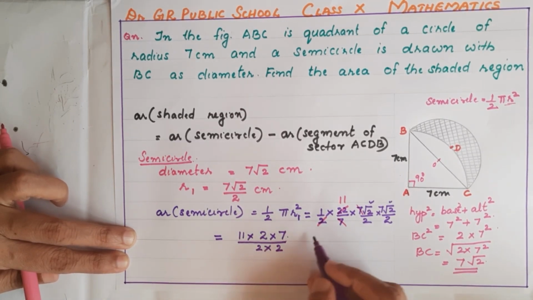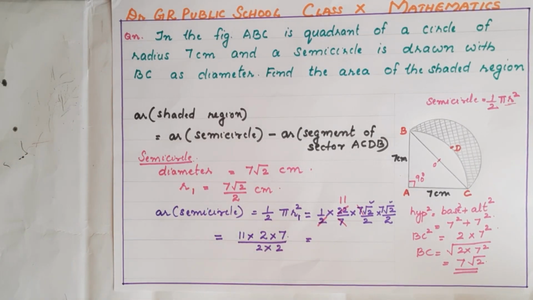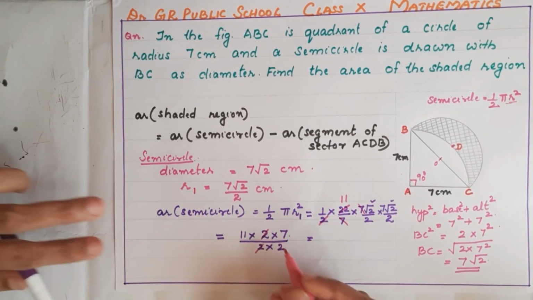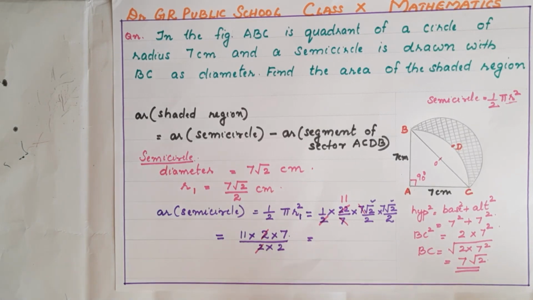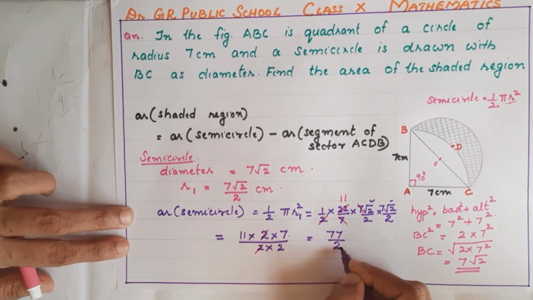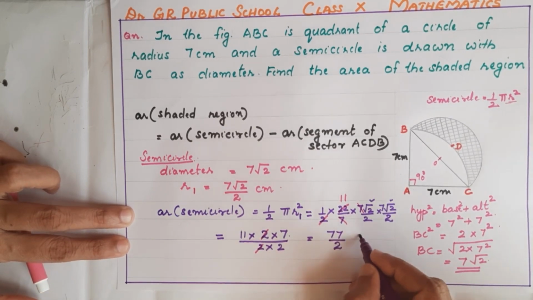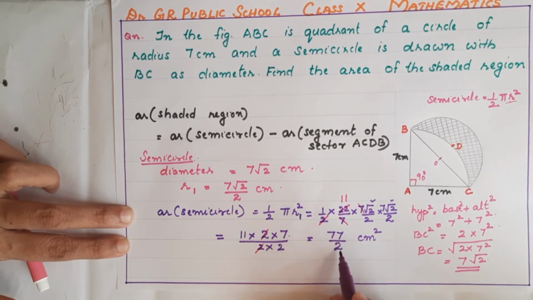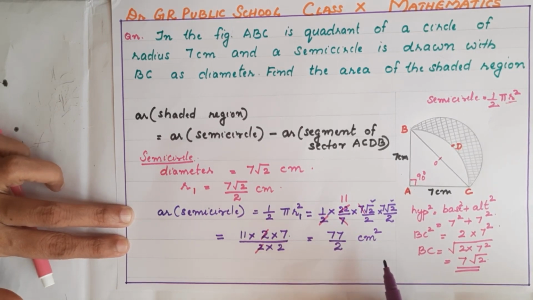Okay children. Now again we can do the cancellation. 1, 2 we can cancel. So what is remaining? 77 by 2. Okay. This much centimeter square. Area of semicircle is 77 by 2 centimeter square.